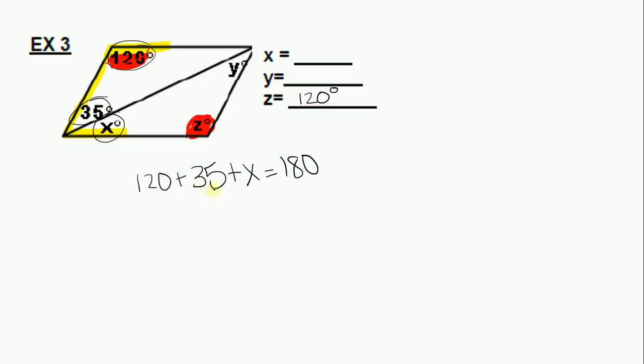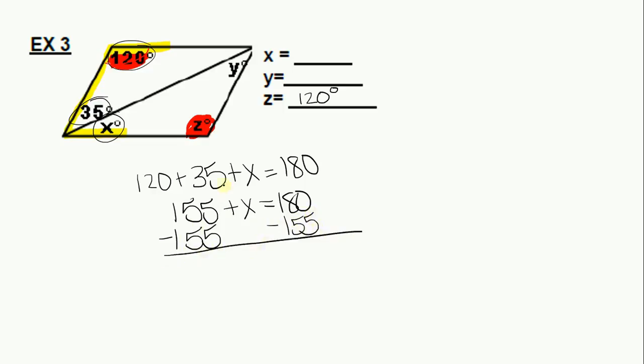Let's add 120 and 35 together because they're on the same side. So that's 155 plus X equals 180. I'll subtract 155. So X equals 25. So this is 25 degrees.